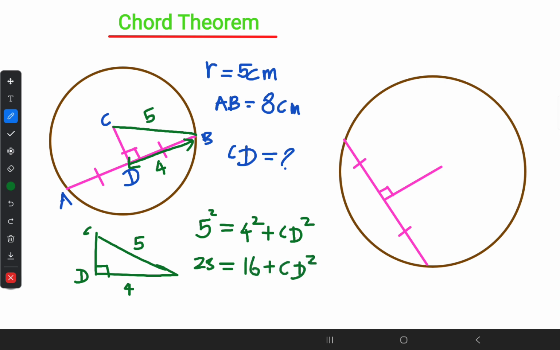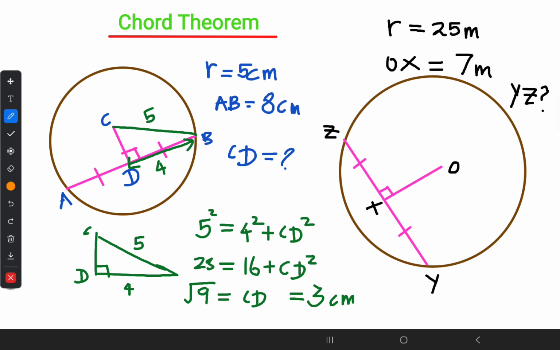I'll bring the 16 here, that would be 9, which equals CD square. So the square becomes a square root here. So CD would be the square root of 9. That will give you CD as 3 centimeters. So this is the way you need to apply the chord theorem inside the circle.